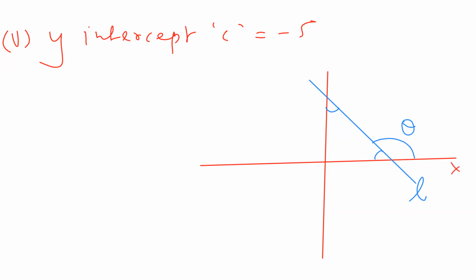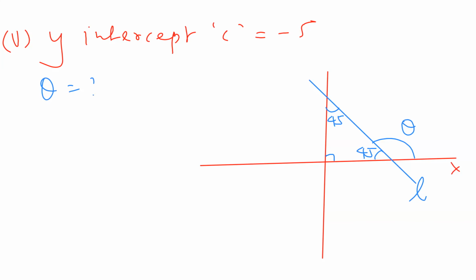Now if this is 90 degrees, these two are 45 degrees. So what is theta then? Because we require theta, which is the inclination of the line with the positive direction of the x-axis.